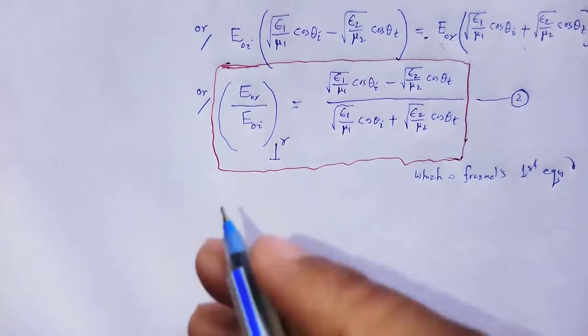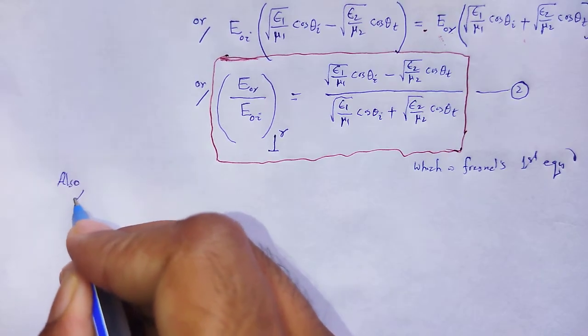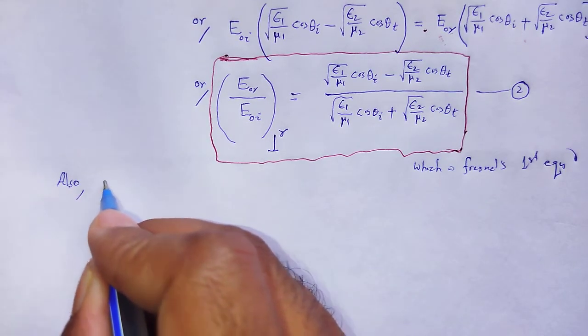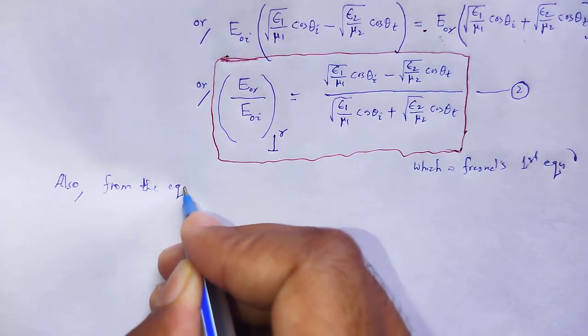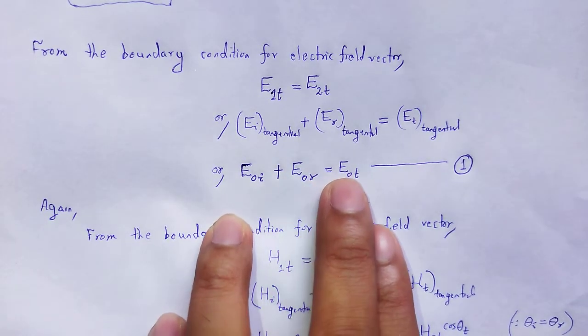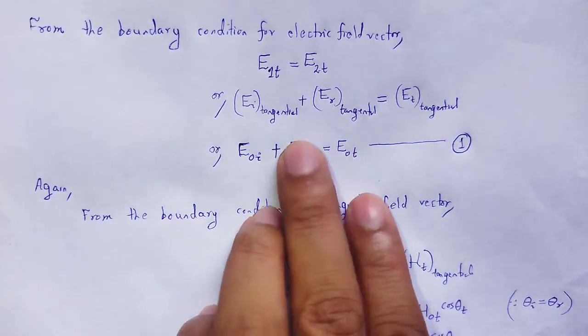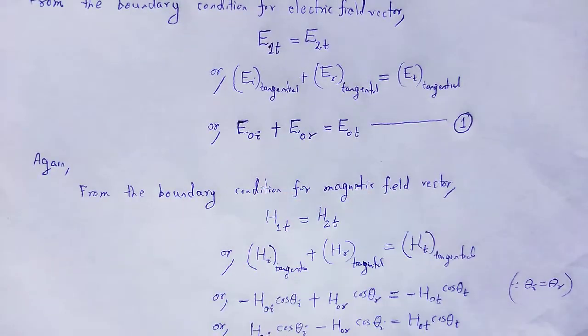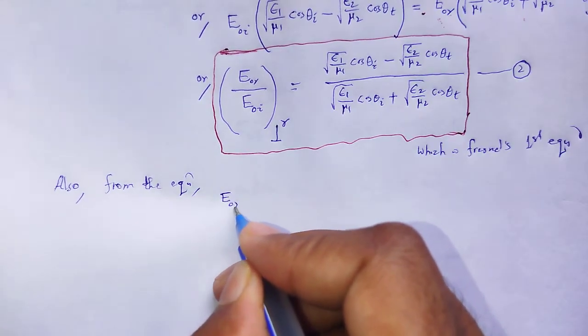by using also from the equation, from that equation E0I plus E0R is equal to E0T, taking only E0R.